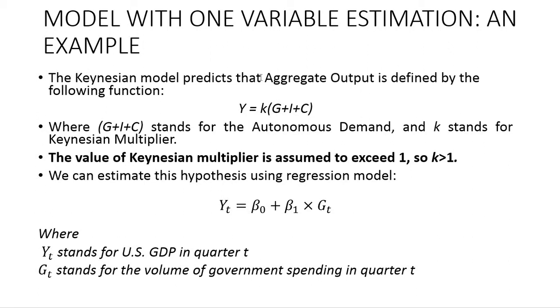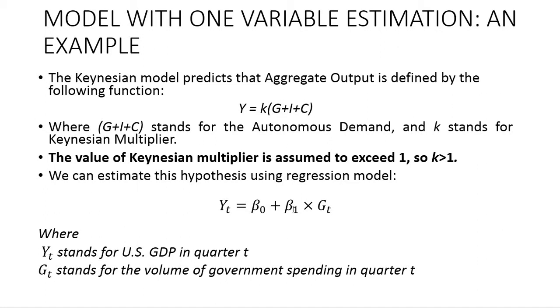So we can test this hypothesis, to verify whether the value of the Keynesian multiplier is indeed higher than 1, using the following regression model, where Y_t stands for the value of GDP in the United States in quarter t. Beta 0 stands for the value of the intercept.